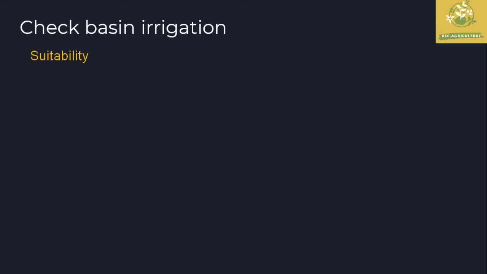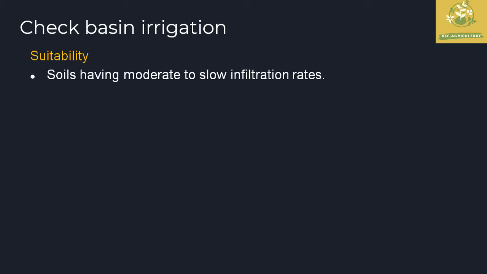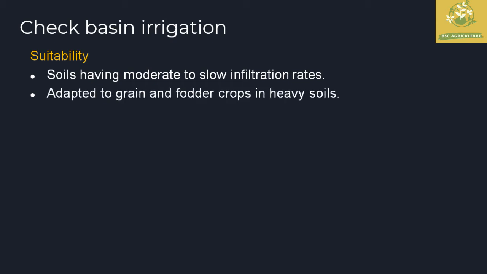The second one is check basin irrigation. While seeing its suitability, soils having moderate to low or slow infiltration rates can be used, and it can be adapted to grain and fodder crops in heavy soil.